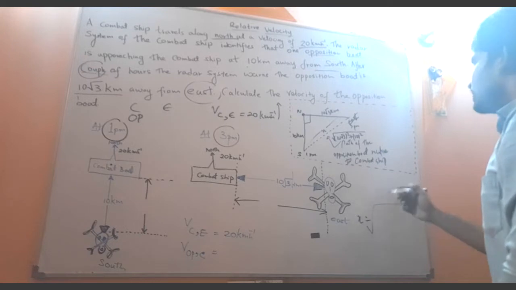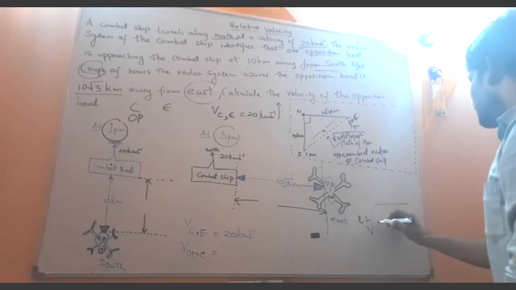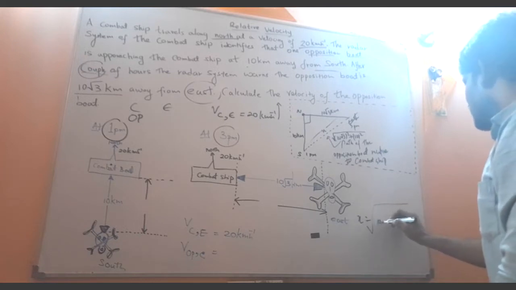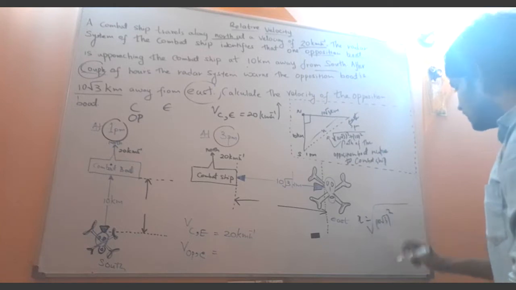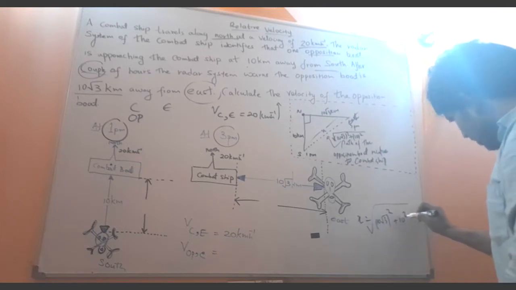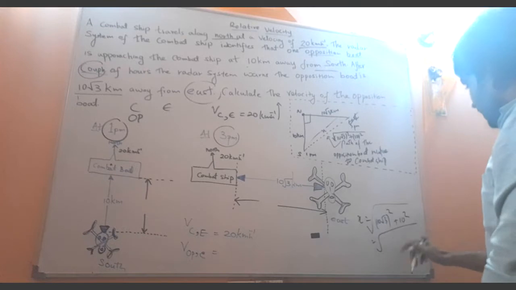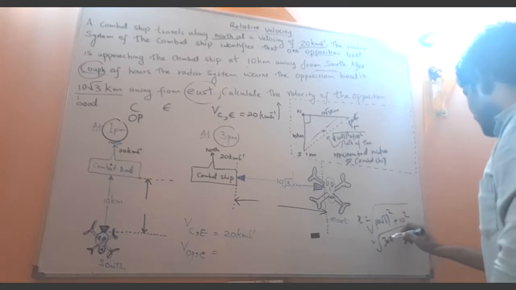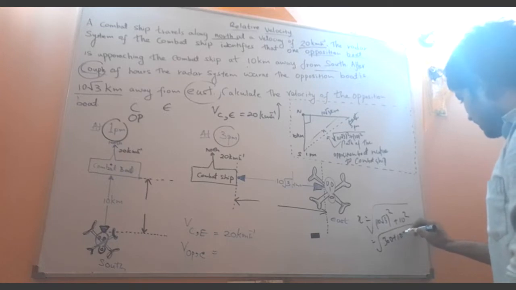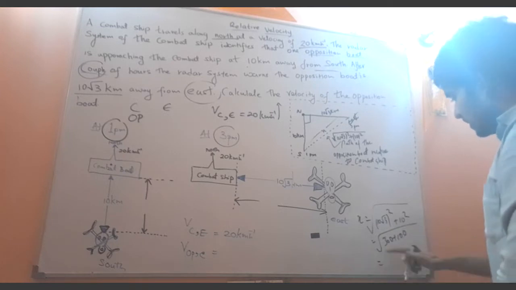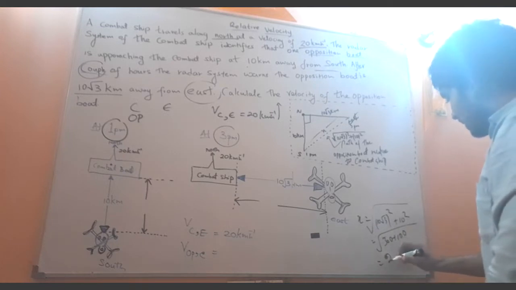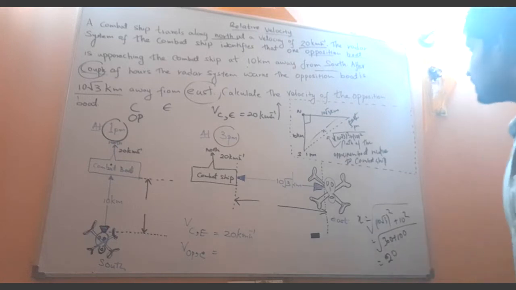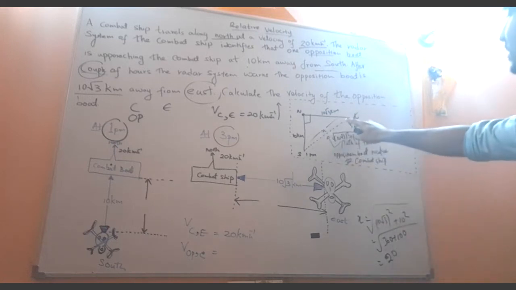Square root of (10 root 3) squared plus 10 squared. 10 root 3 squared is 100 into 3, 300. 10 squared is 100, so it is 400. Square root of 400 is 20. So this distance is 20.